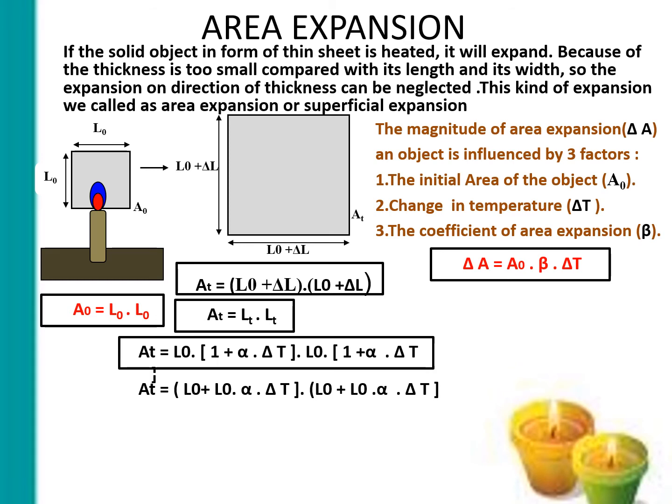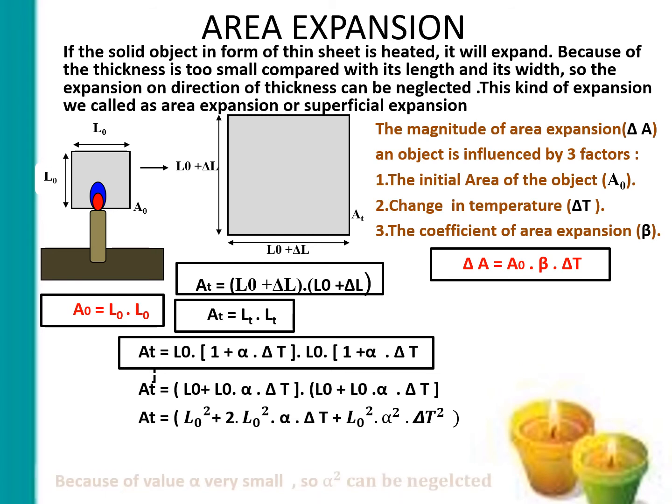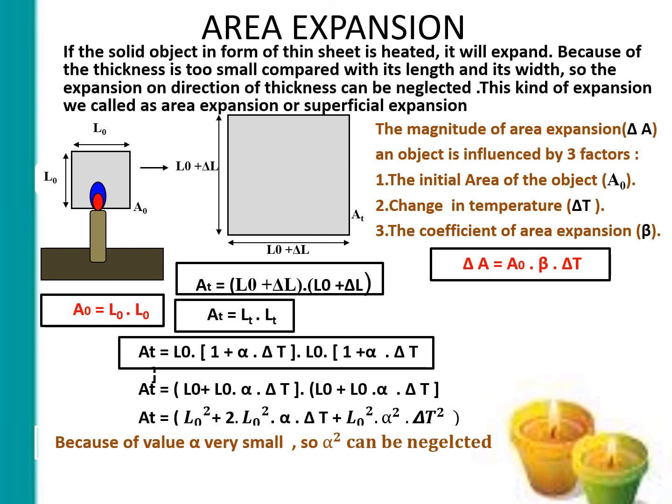So after we multiply, we can get that AT equals L0 plus L0 times alpha times delta T, times L0 plus L0 times alpha times delta T. Because of that, AT equals L0 squared plus 2 times L0 squared times alpha times delta T plus L0 squared times alpha squared times delta T squared. Because the value of alpha is very small, alpha squared can be neglected.